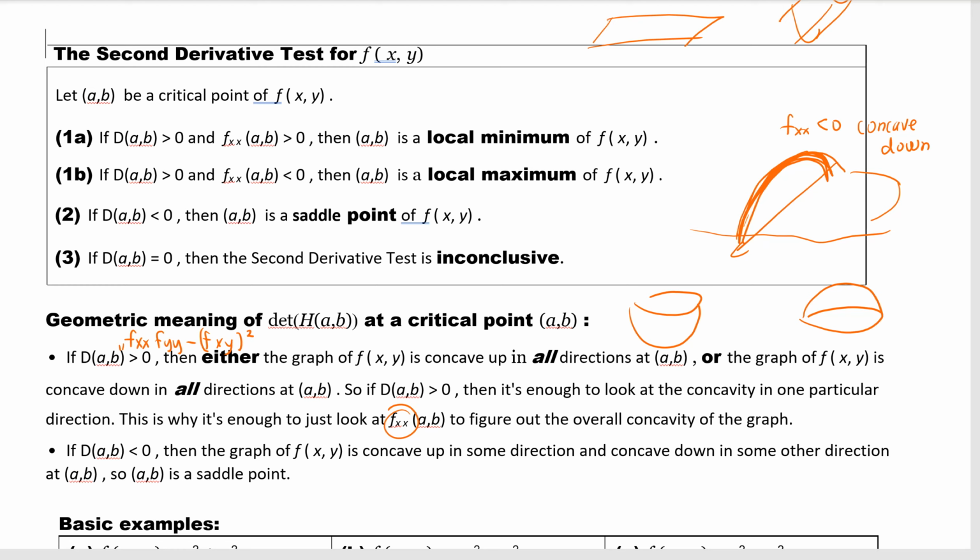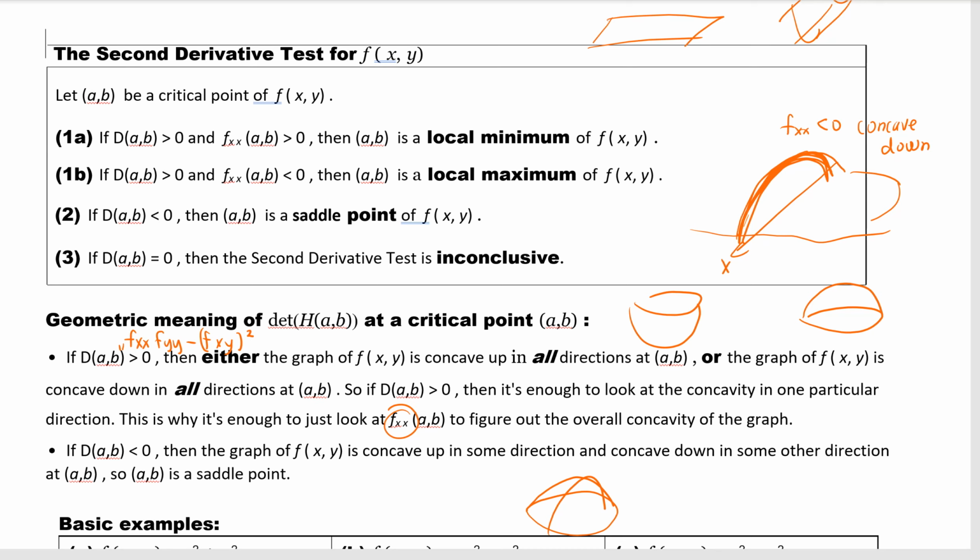So if you look at the curve in the y direction, it's also positive. So we have this positive and that positive together giving us a bowl opening up. If both of them are negative, in the x direction and in the y direction, which means they are both concave down, then we have a bowl opening down. So far so good, everybody? Okay, let me see, this is the x direction.